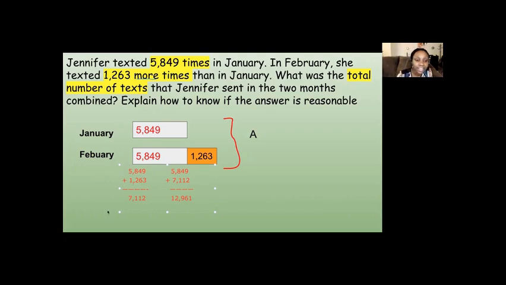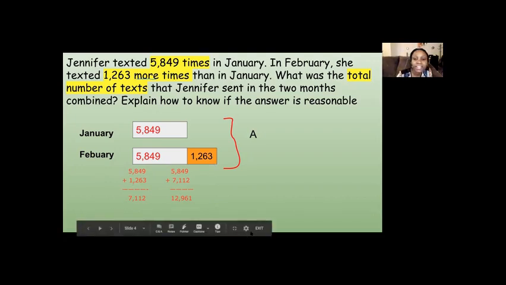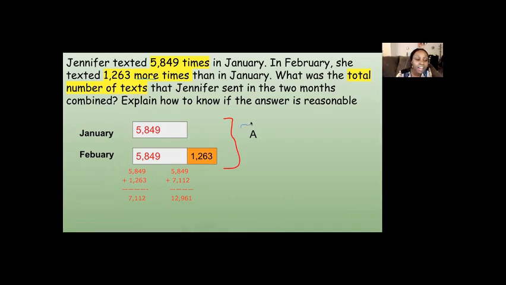So I could say that, I'm going to round and be like, okay, in January she sent 6,000, right? In February, she sent about 7,000, right? So what is 6,000 plus 7,000?